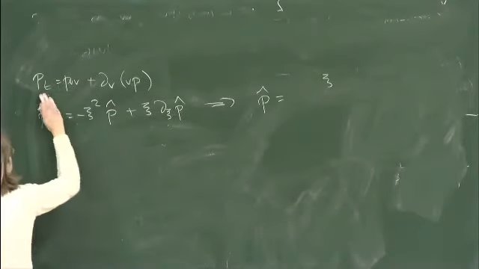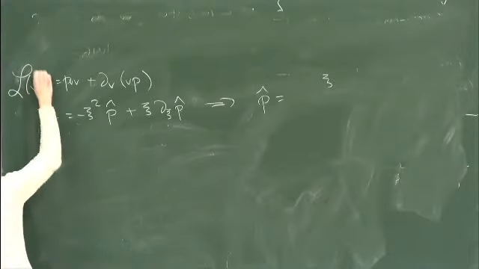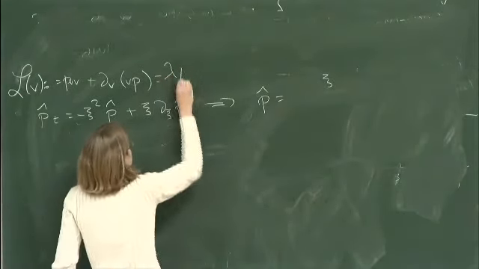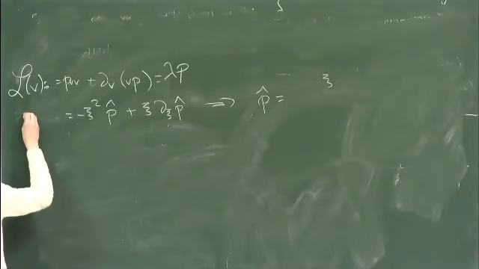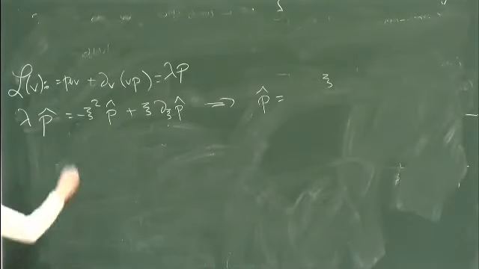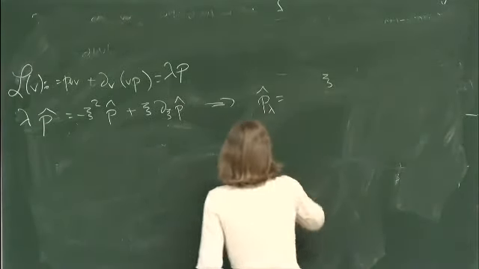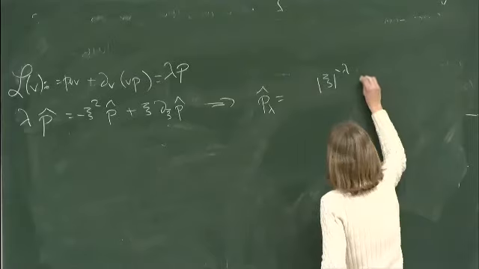Let's find the spectrum of the operator. So let me call this L of V, and let's find the spectrum of P. So I'm looking for solutions of this equation. For each lambda, your P lambda can be written of this form.